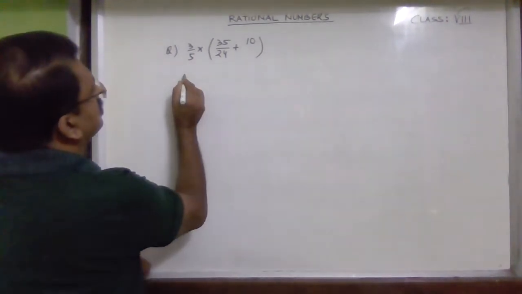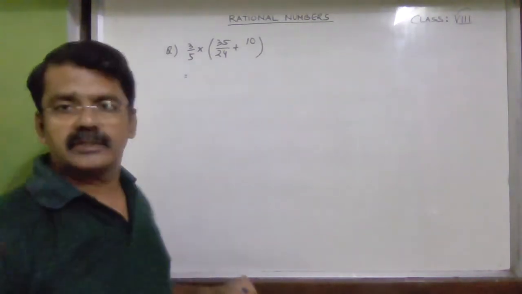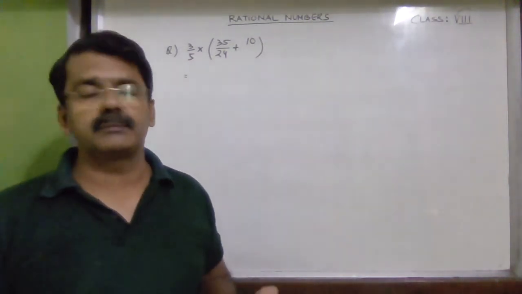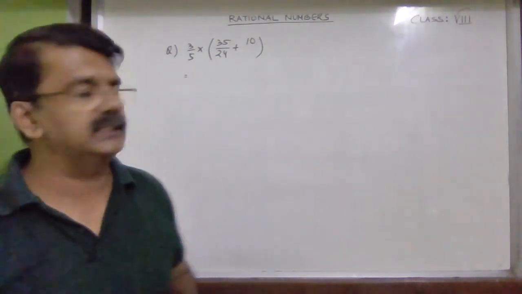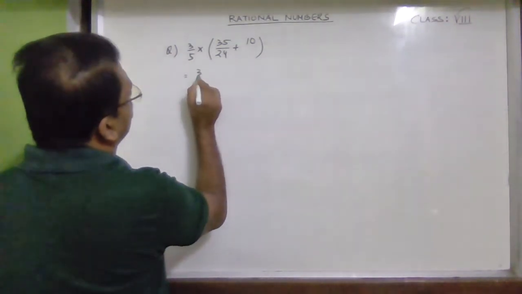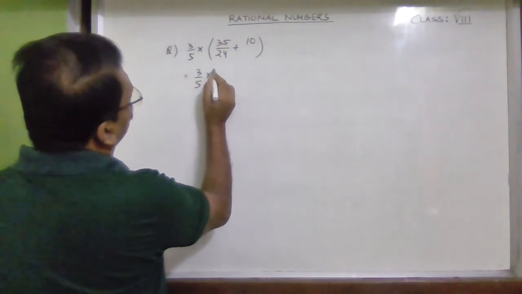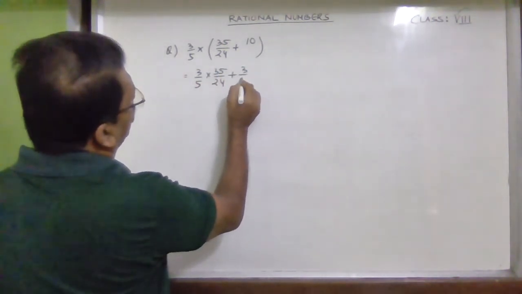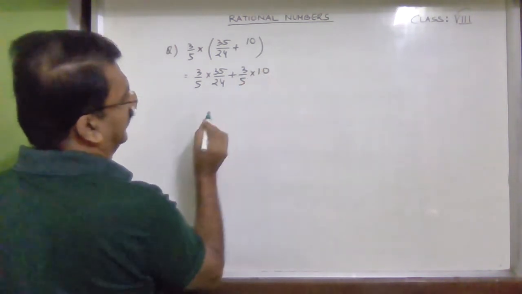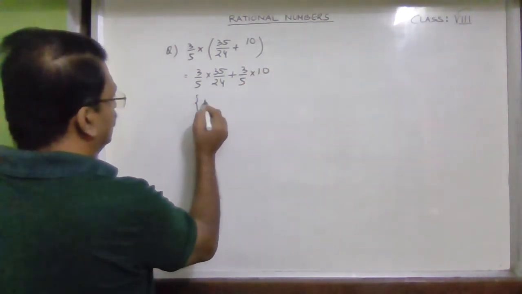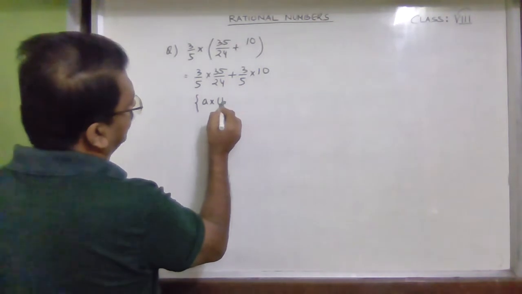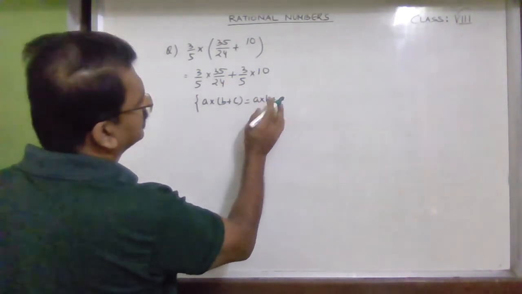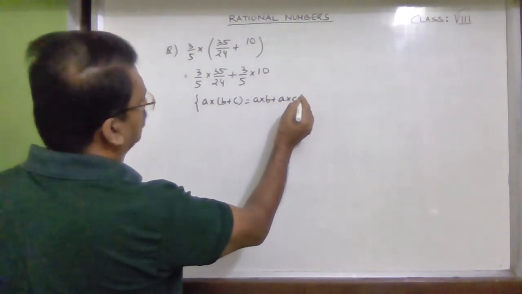So what we do, we use the distributive property, which means distributive property for multiplication over addition. So when you open the bracket, it is 3 by 5 into 35 by 24 plus 3 by 5 into 10. The property that we have used here, a into b plus c is equal to a into b plus a into c. This is called distributive property.